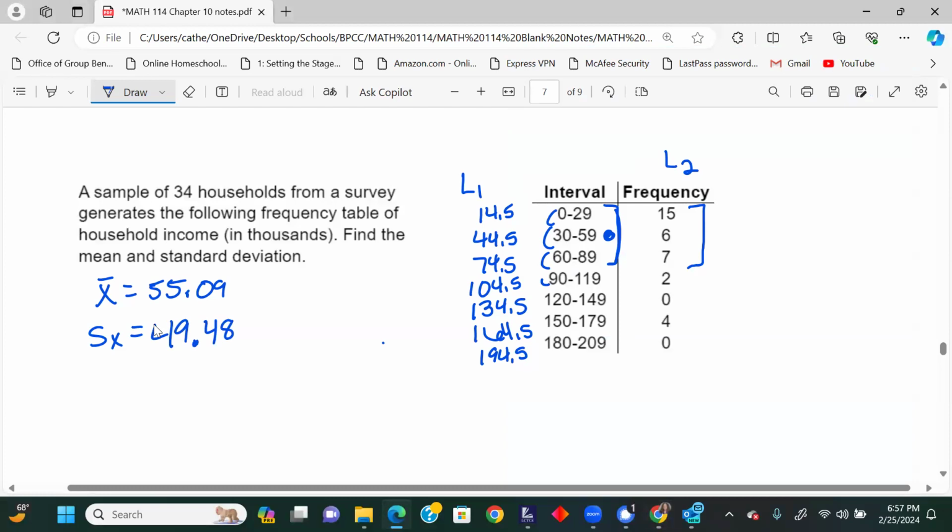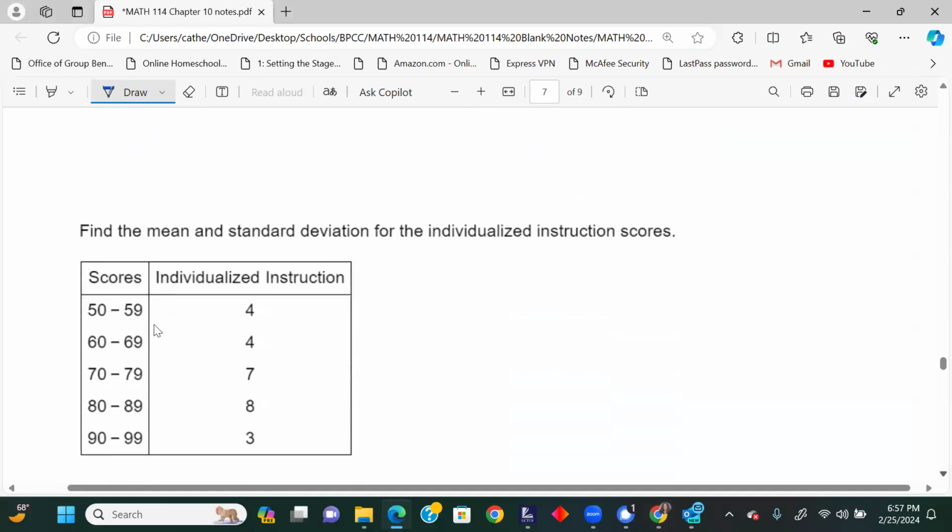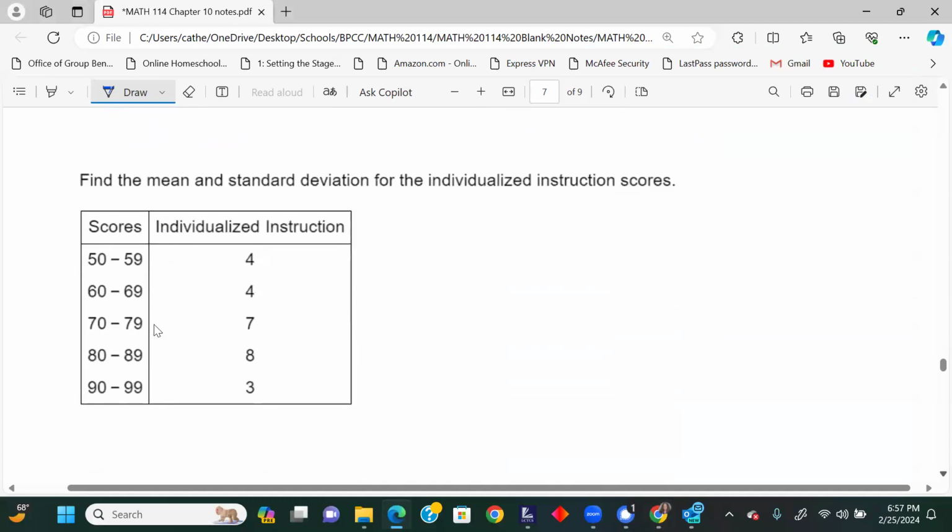This is grouped data. You have to use the midpoint for L1. Same thing here. Okay, so we're moving by tens, but I need to find that first midpoint. Find the mean and standard deviation of the scores in individualized instruction.